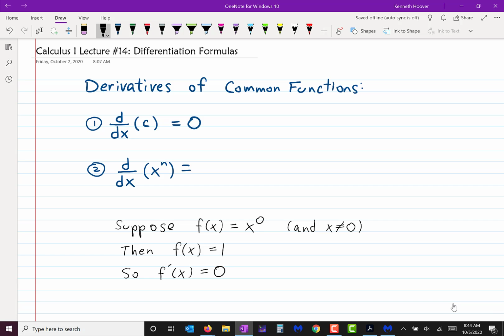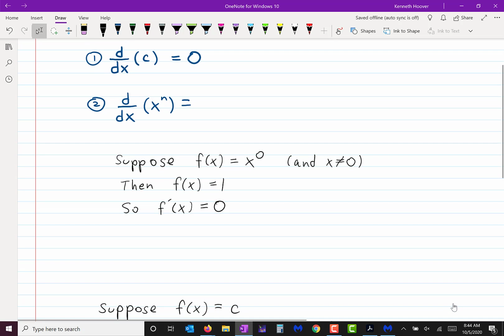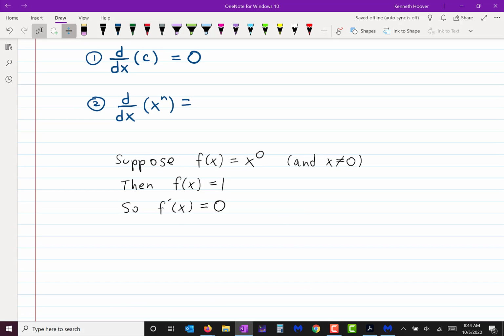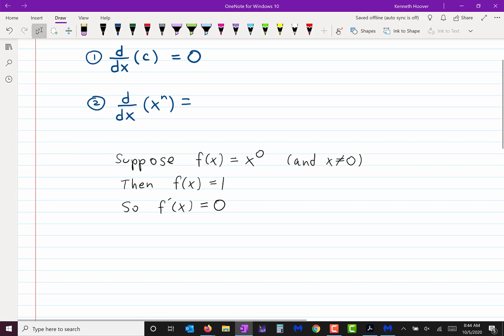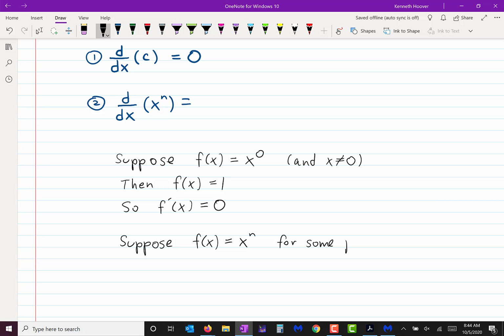Okay, now let's do this. Suppose f of x equals x to the n for some positive integer n, so some positive whole number. Okay?